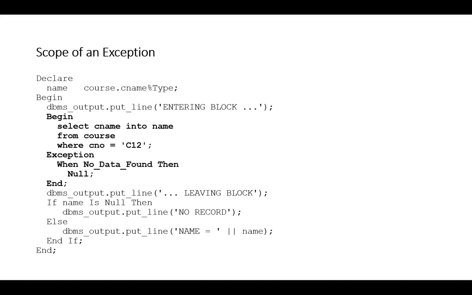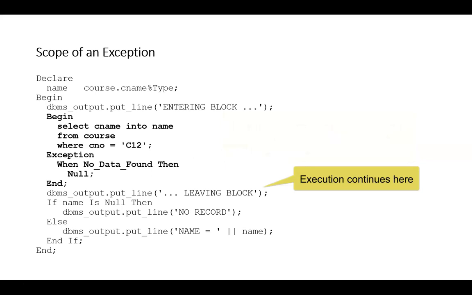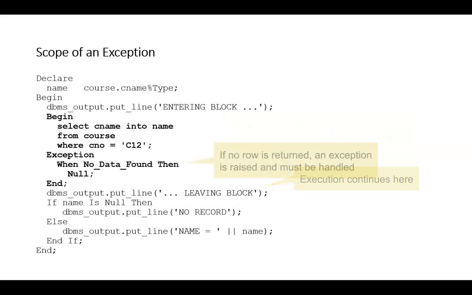In this program, we attempt to retrieve information about a particular course using a nested inline block. If course C12 exists, then a call to DBMS output will be executed. If course C12 does not exist, the no data found exception handler receives control and no action is taken.